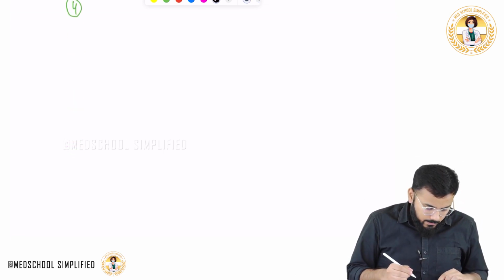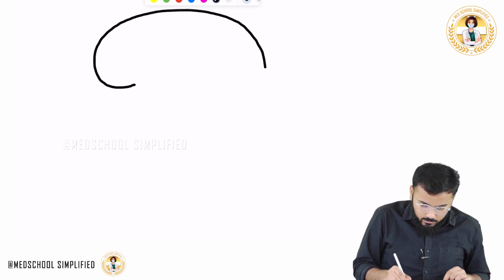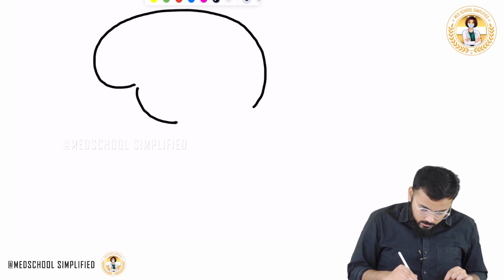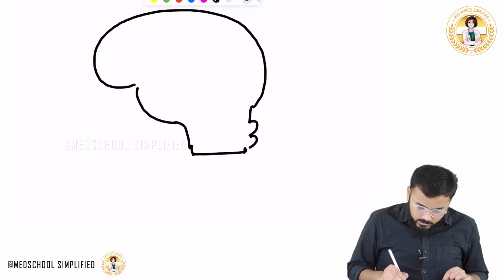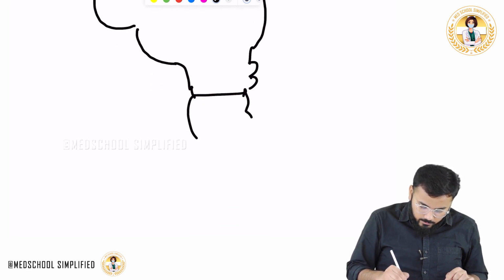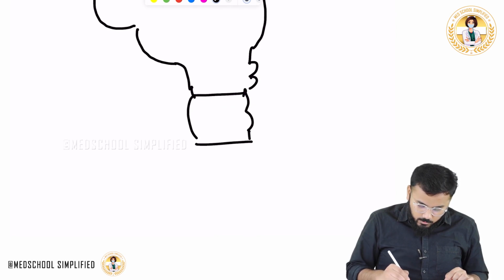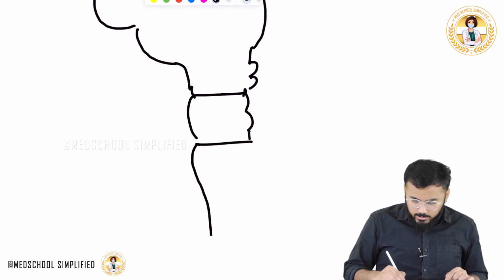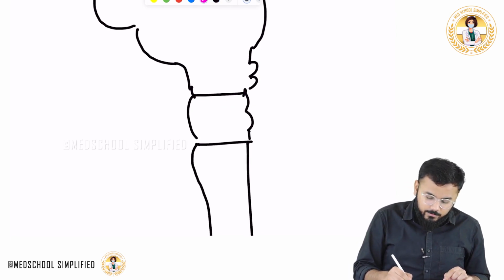So first, what is this? Midbrain. This one is pons, and this is your medulla oblongata, okay?